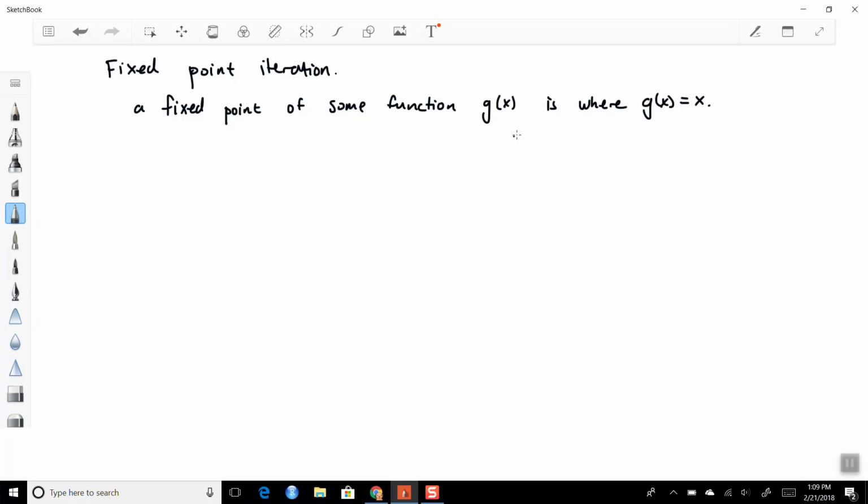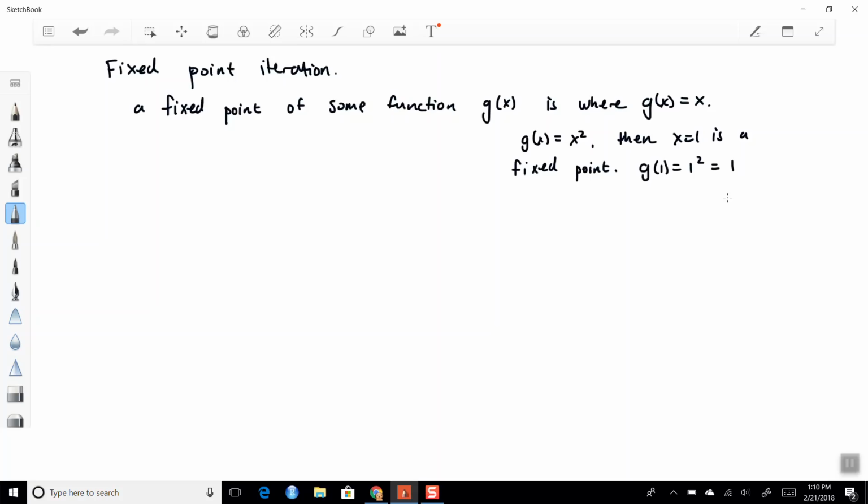So for example, if g of x is equal to x squared, then x equal to 1 is a fixed point, because g of 1 is 1 squared, which is equal to 1. So g of x is equal to x. That's a fixed point.